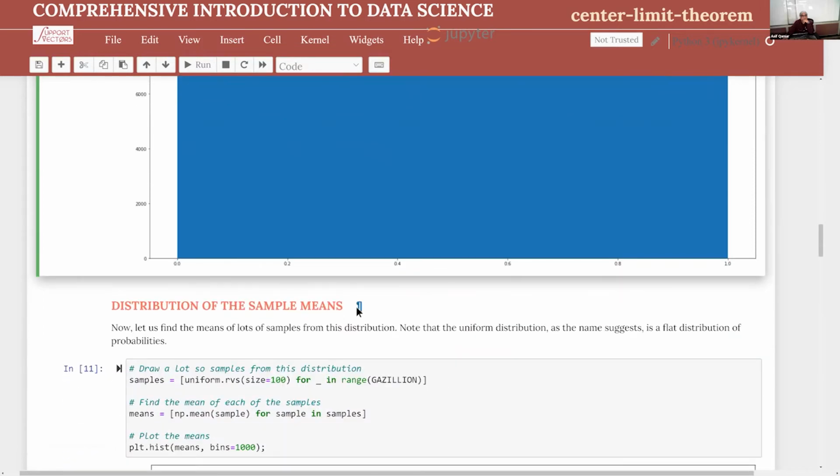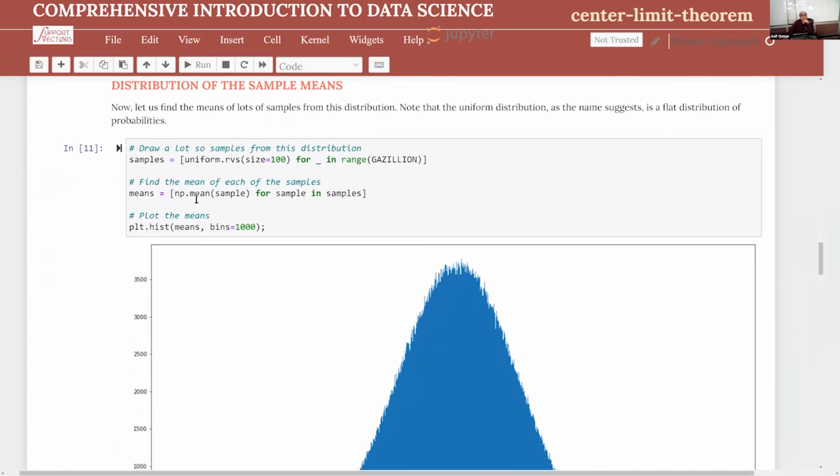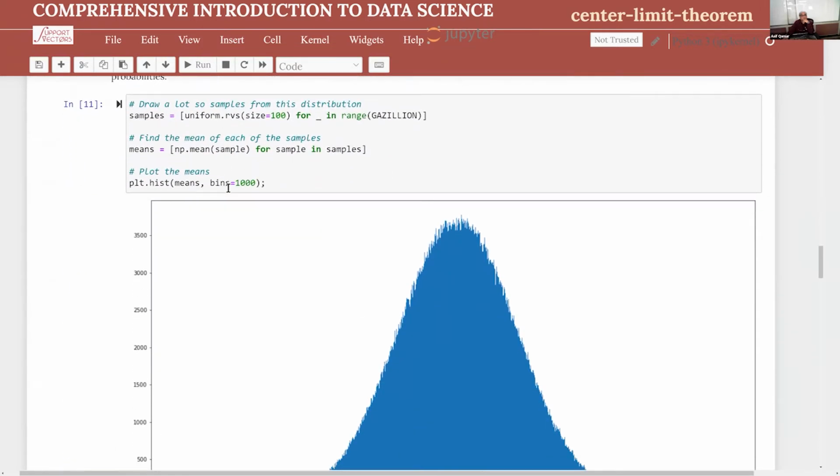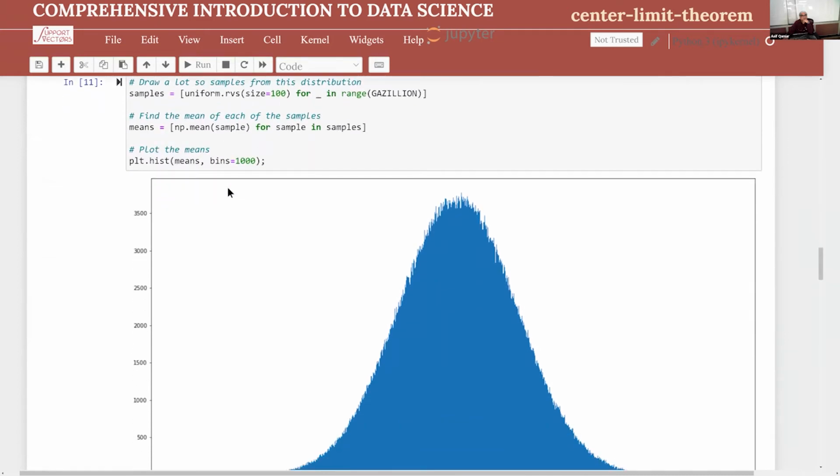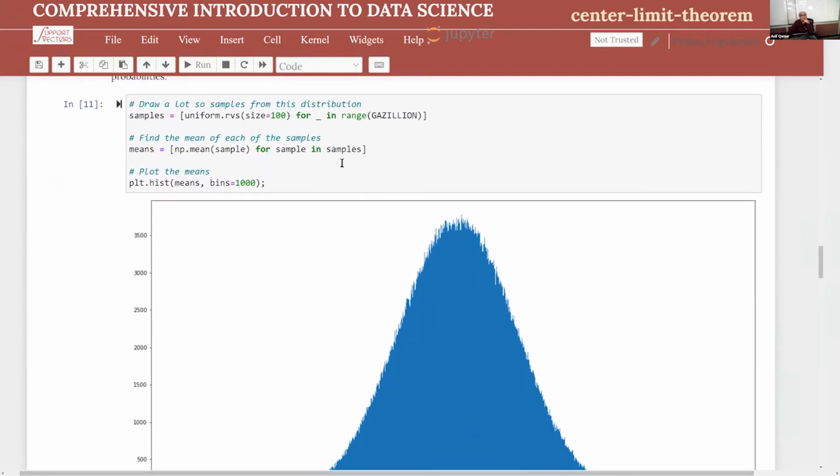Now that you're done, let's sample. Write the same code, but we are sampling from the uniform distribution. And what you notice is, when you sample from the uniform distribution, surprisingly, those means show a bell curve distribution. Now, this should come as a surprise, unless you know the central limit theorem, isn't it?